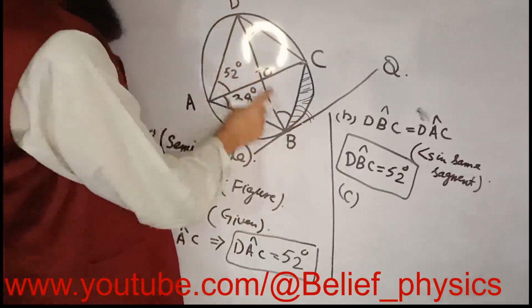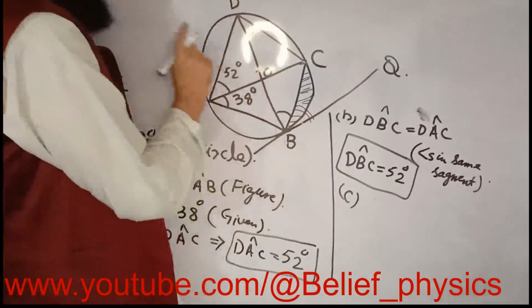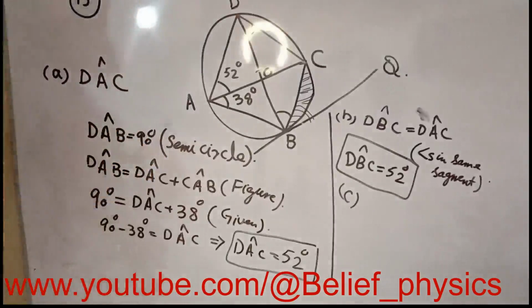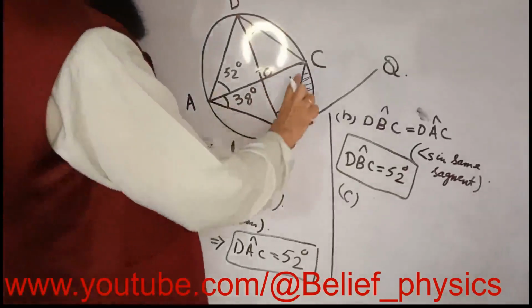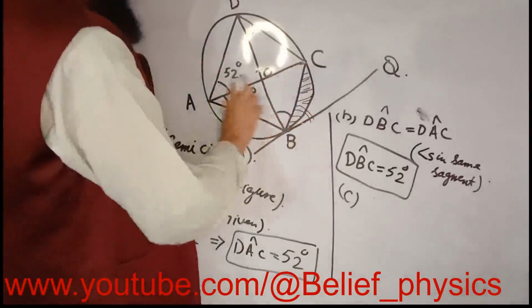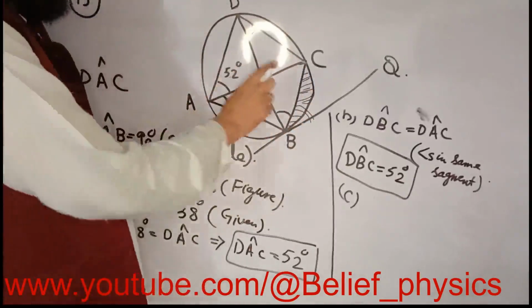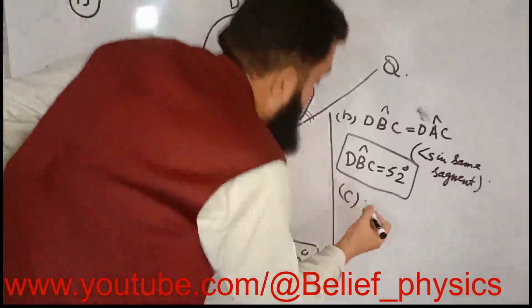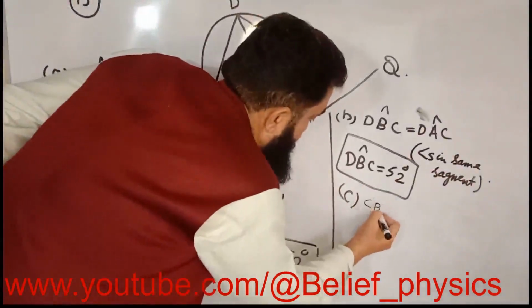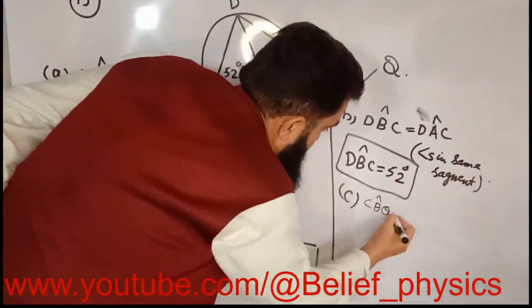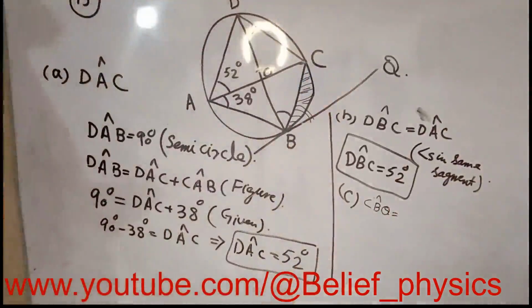Also CDB will be equal to CBQ. Similarly, CB also makes this angle CAB. This will also be equal to CBQ. So I write it here, CBQ will be equal to CAB, which is equal to CDB.